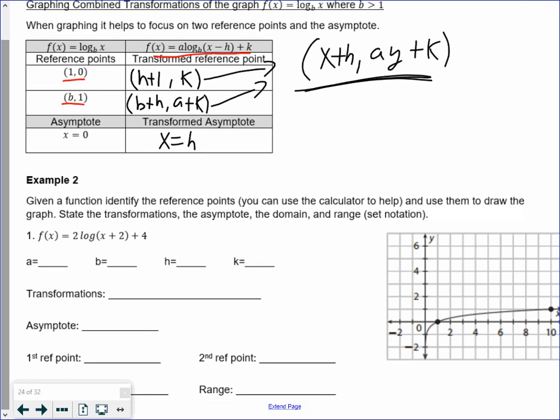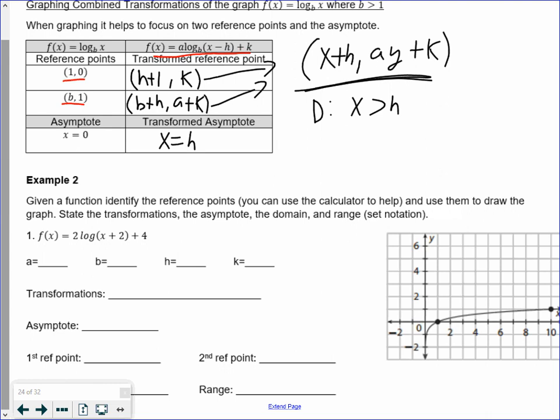A couple more things I want to add on this page: for our purposes, since we're not dealing with horizontal reflection, our domain is going to be x is greater than h. No matter how we reflect it with a, whether a is positive or negative, if we reflect it over the x-axis or not, our domain will always be on the right side of the asymptote.